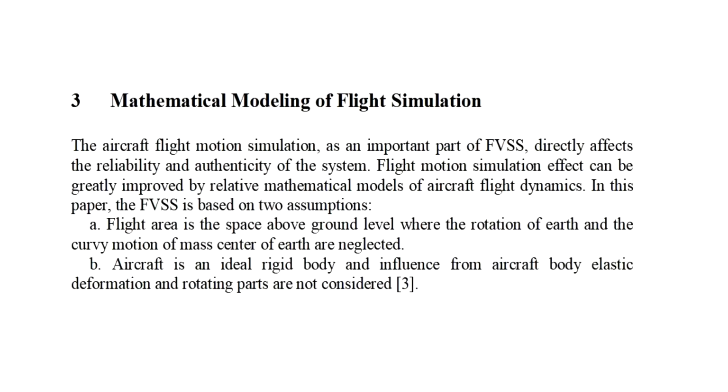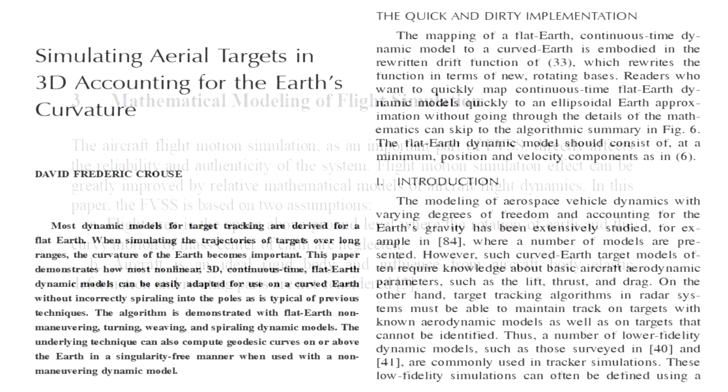On page 3 they state, "Flight motion simulation effect can be greatly improved by two assumptions. Flight area is the space above ground level where the rotation of Earth and the curvy motion of mass center of Earth are neglected." If Earth was actually a spinning sphere, surely neglecting the curve and rotation would not greatly improve their mathematical models.